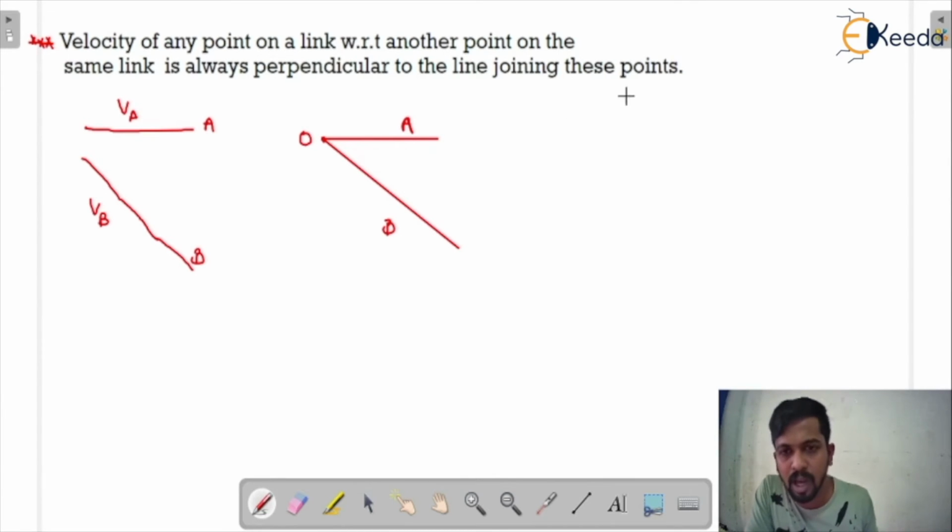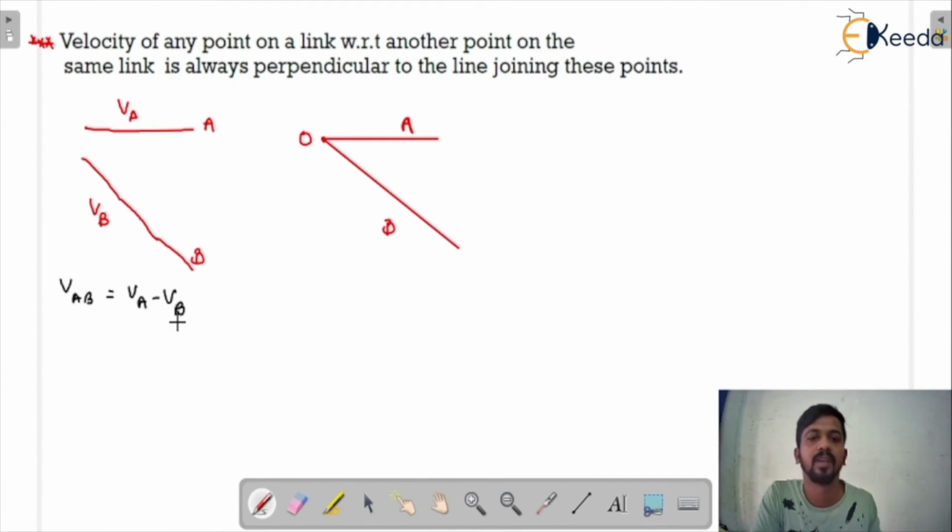Now what is the relative velocity of A with respect to B, that we are going to discuss. Velocity of A with respect to B can be written as VAB. Now it can be VA minus VB. Yes or no? Are you getting my point?